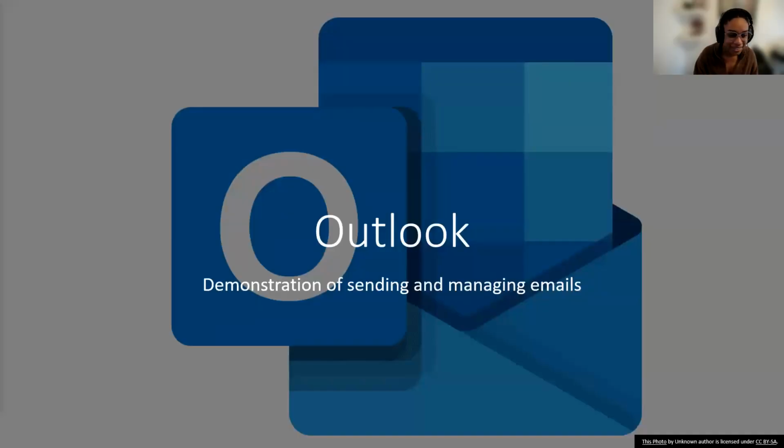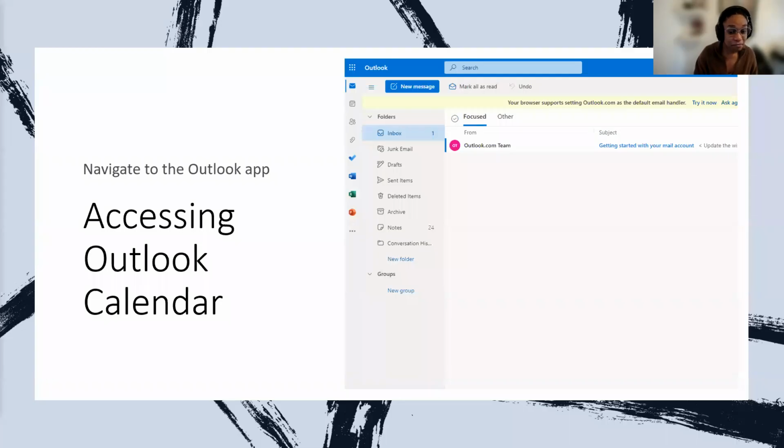I'm definitely going to check that out. All right. We're going to briefly touch on Outlook Calendar. So to access Outlook Calendar, you have to already be in Outlook. So you're going to access Outlook the same way we went over previously. And then from there, in the left-hand corner, you'll see apps again.